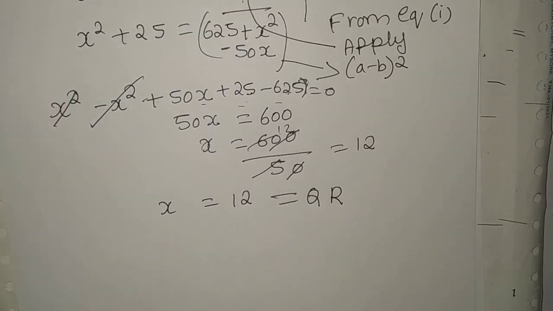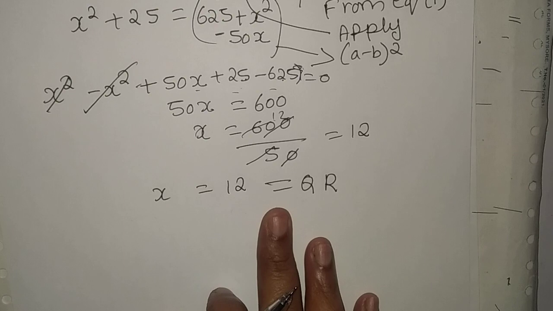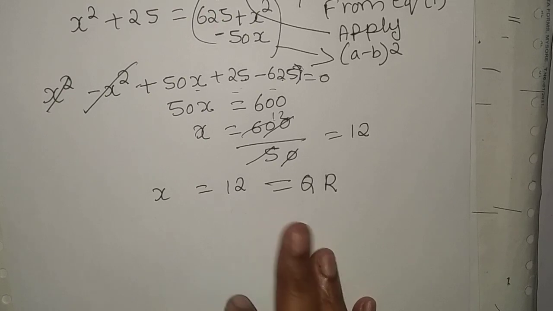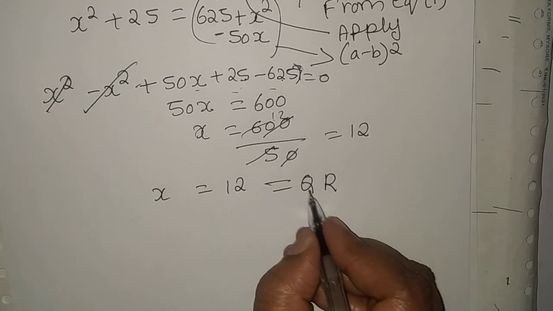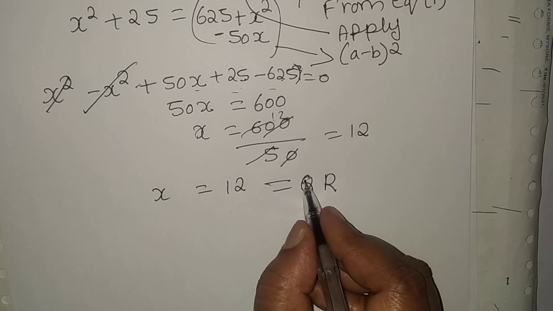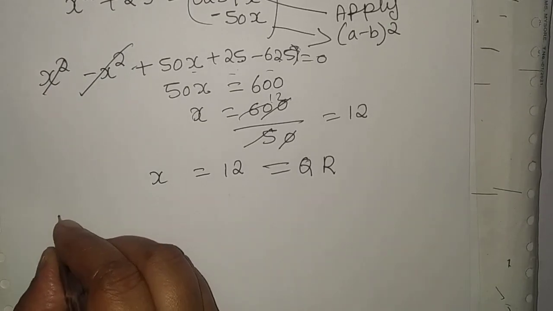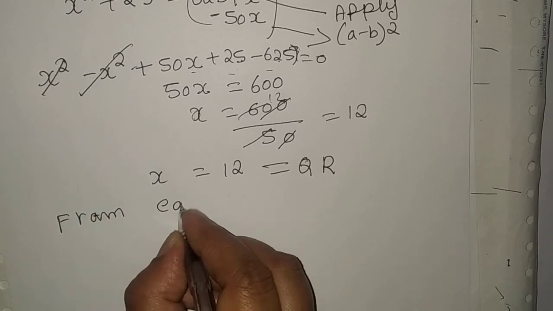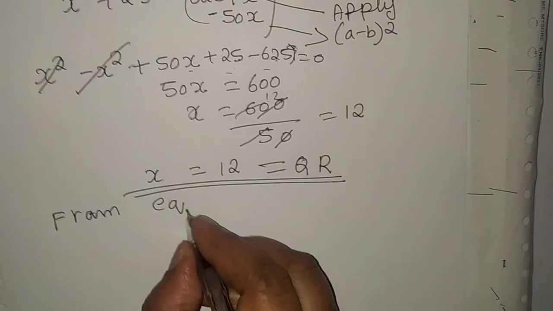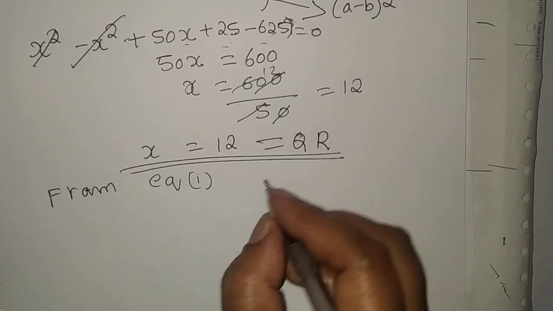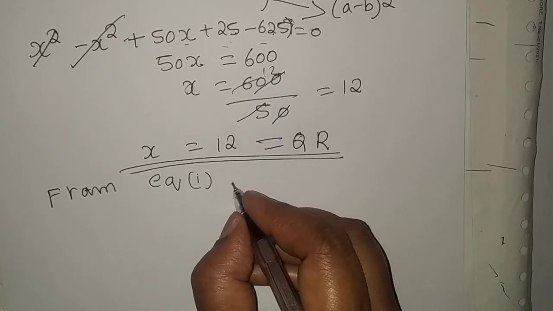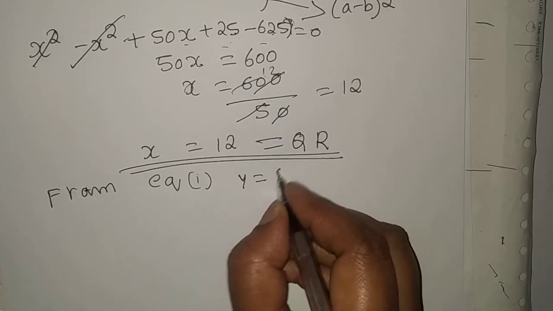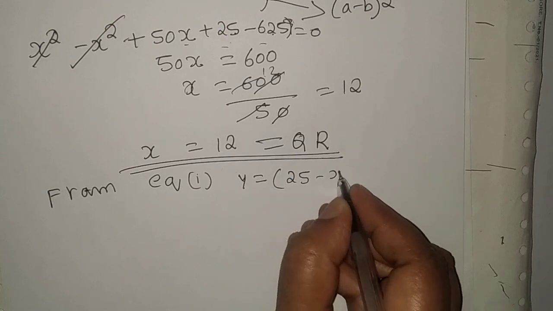After finding one more side, we have to find out PR also. Now from equation 1, y is equal to 25 minus x.